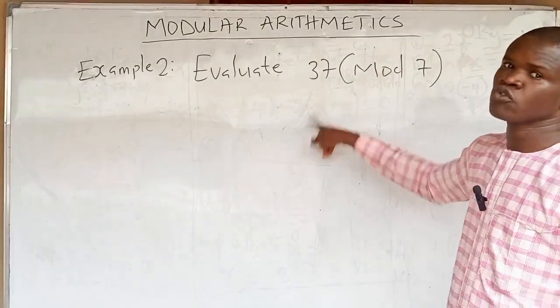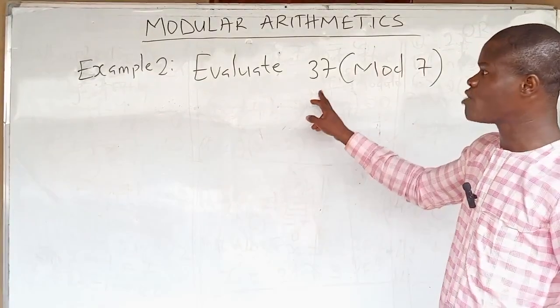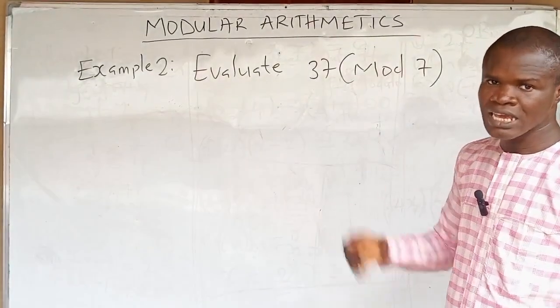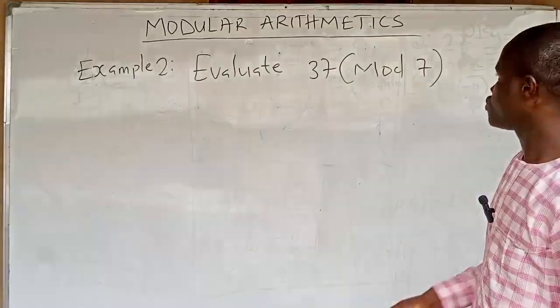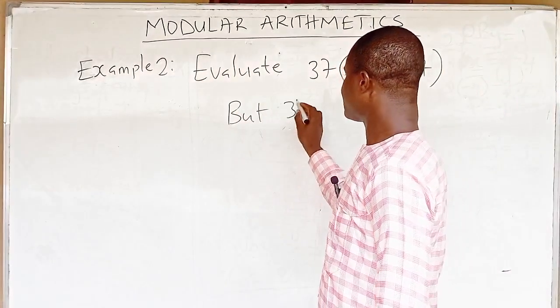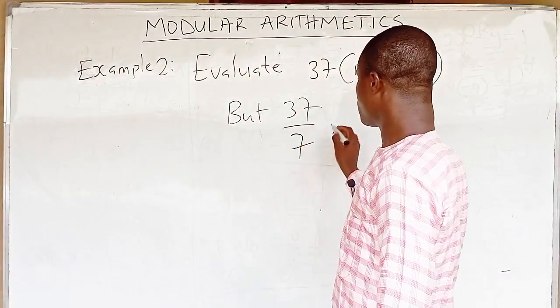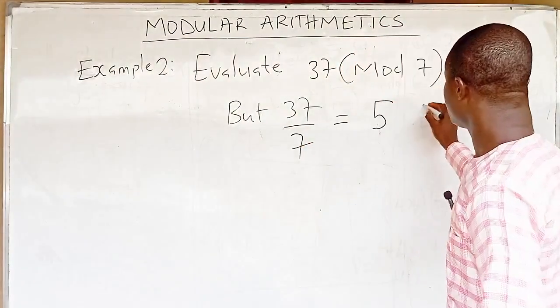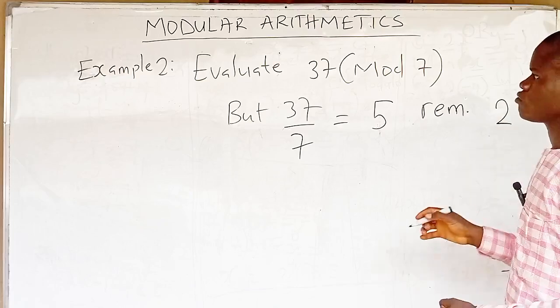So this is 37. We want to find the equivalence of 37 in modulo 7. But 37 divided by 7 will give us 5, remainder 2.